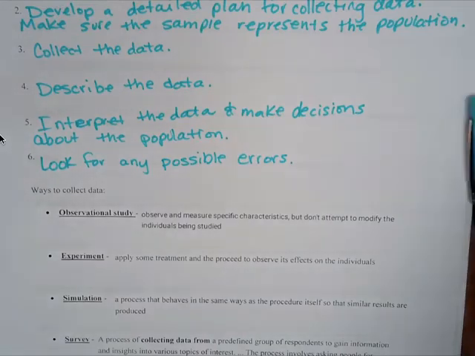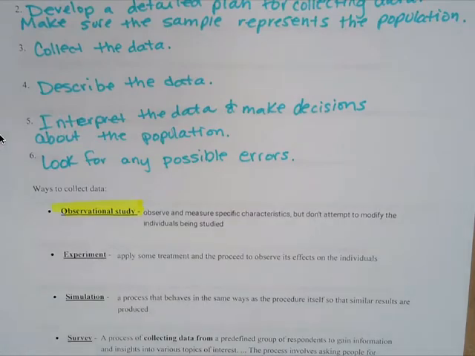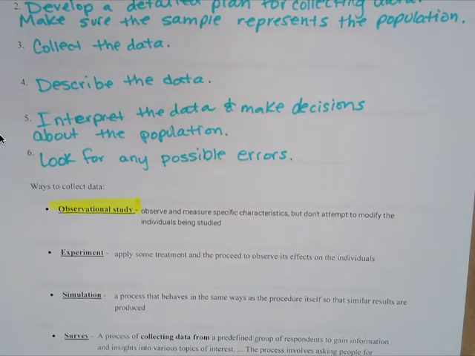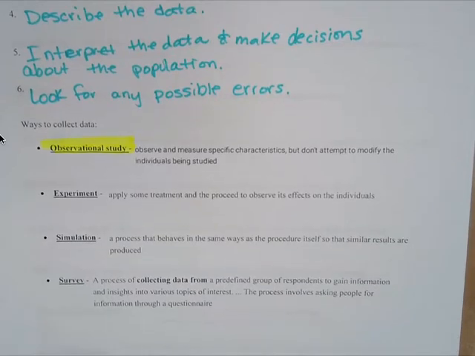Okay, on this section, we have a lot of vocabulary. So observational study, whenever you just observe the data. You are not modifying anything. You are just looking at what's happening with that event.